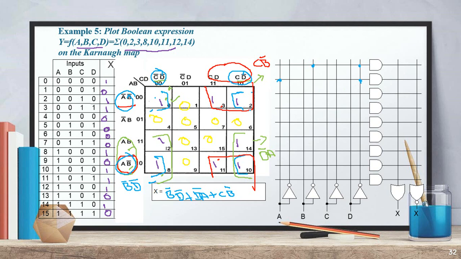And the last one is C B bar. So go to the C portion. This is C and B bar is this one. From this we can draw the logic diagram. We use 3 AND gates, and we get the output in an OR gate.